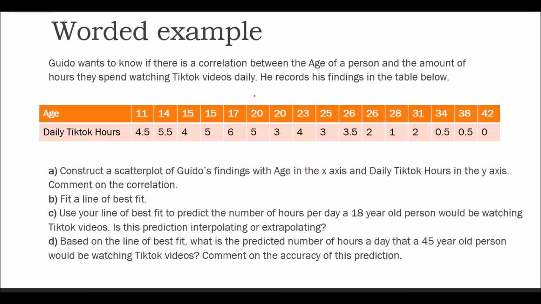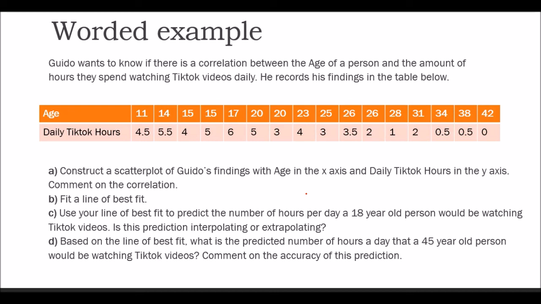Now you probably all have forgotten a little bit of this, but remember how to make a scatter plot. You've got your x and y, and then you just got a bunch of dots. That's a scatter plot. Second part of that question is make a line of best fit. Part C, use your line to predict the number of hours a day an 18-year-old person would be watching TikTok videos.